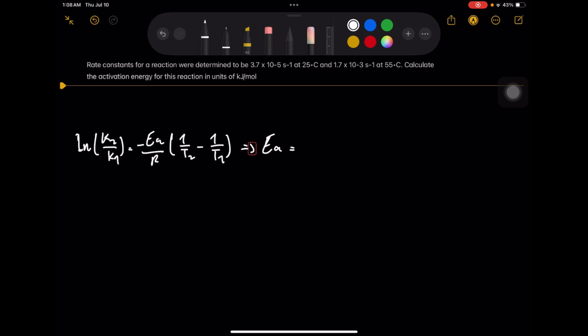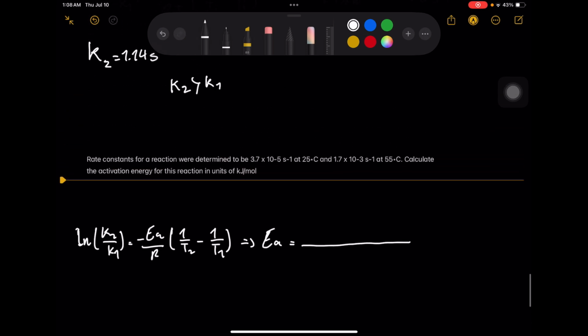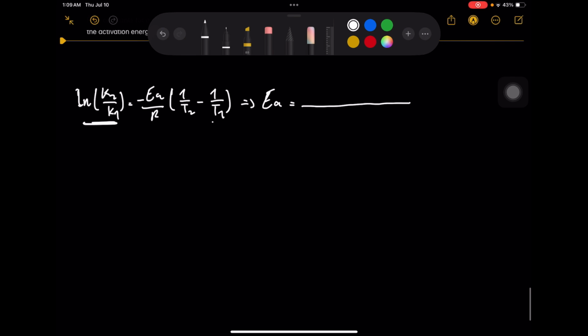So by doing that, we can say EA equals ln of K2 over K1, multiplied by R, over 1 over T2 minus 1 over T1.